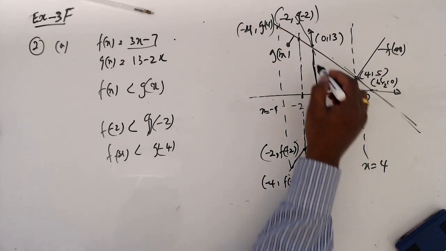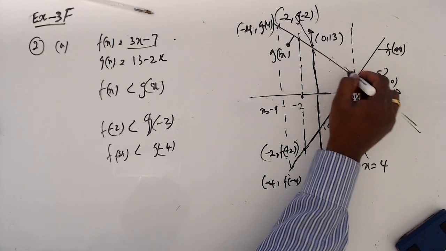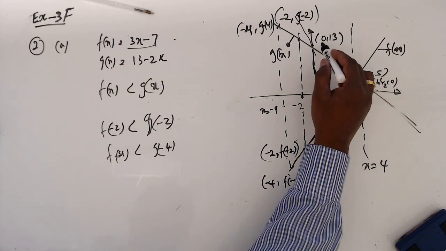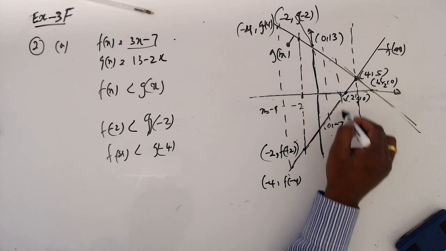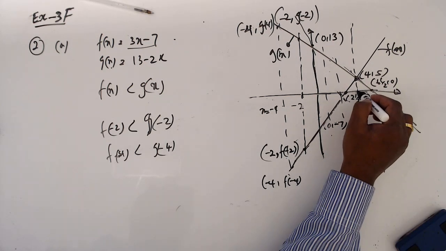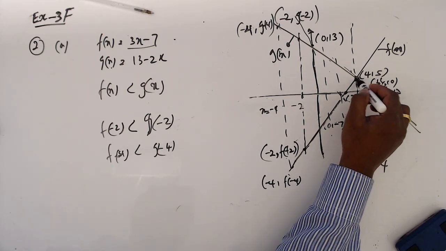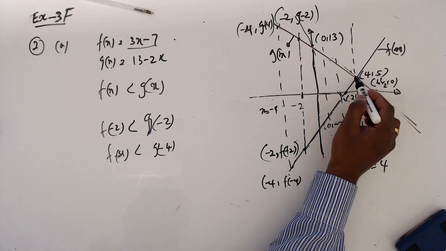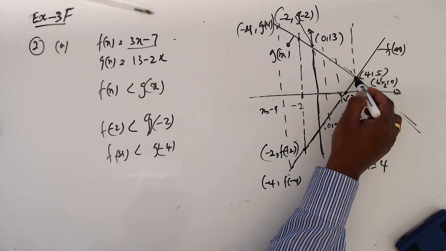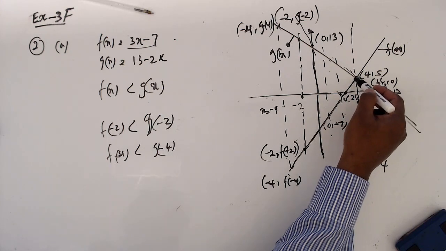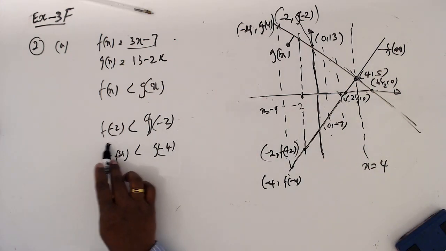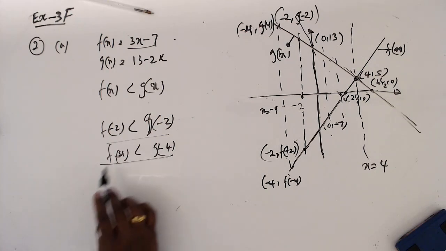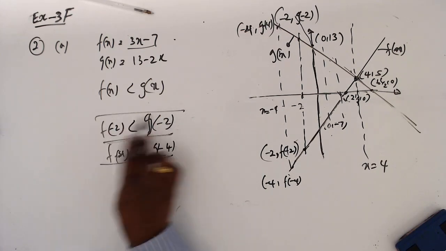You can see up to x equal to 4, excluding 4, any point you pick, you will always get this inequality.